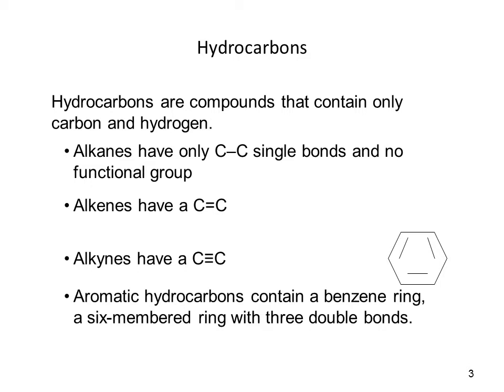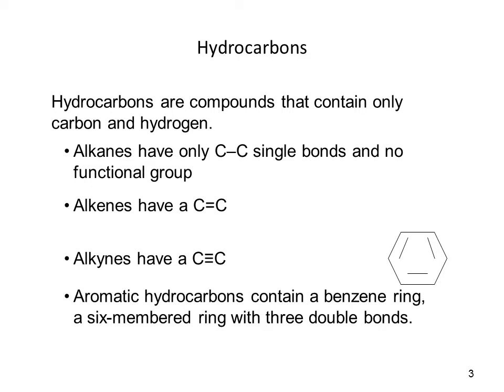And then last of all, we have the aromatic compounds. Aromatic compounds are those that have something called a benzene ring, which I have drawn here for you. It is a 6-carbon ring, and in that 6-carbon ring you have 3 double bonds spaced equally around. This is a very special ring.